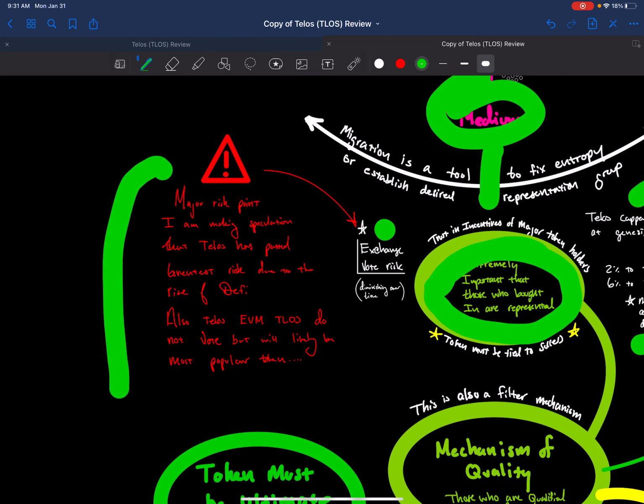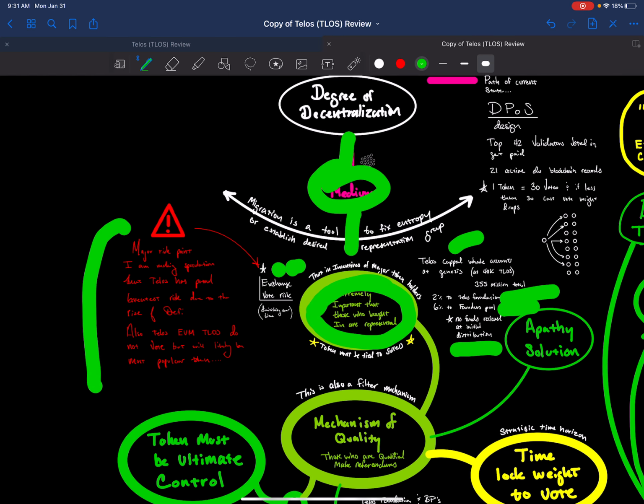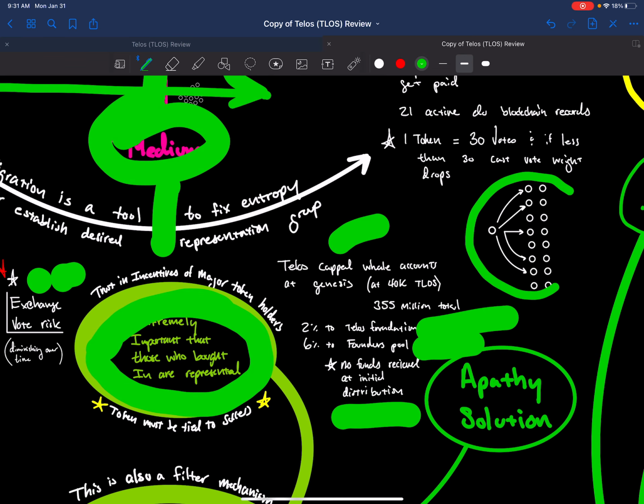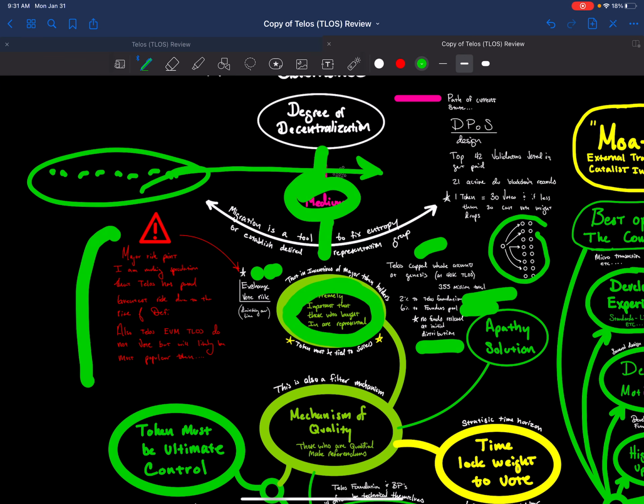It is a major risk point, because people deposit all their Telos onto an exchange, and then that exchange votes on their behalf. The exchange didn't buy those tokens, but it can vote on their behalf. So the exchange didn't buy in, and it's voting. That is a bad thing that could happen. That was a major weak point in EOS, and actually caused a lot of damage to EOS.